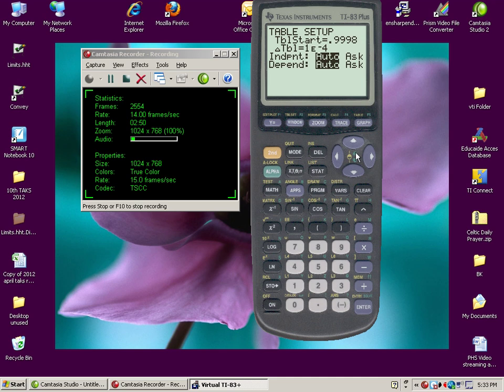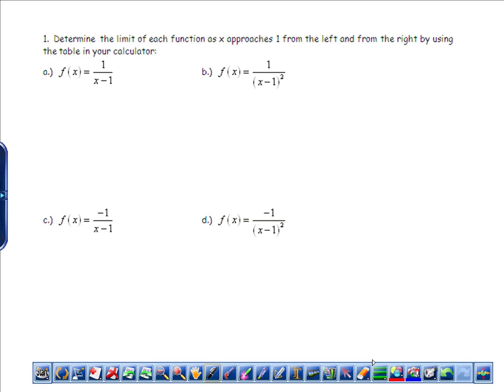But if I make my increments even smaller, and this is a good thing to bring up here. Oh, I need that to be 1 again. If I make my increments even smaller, add in another couple zeros there, I can see that it's not negative 10,000, but that it's an even larger negative number, okay? That's because the left behavior is negative infinity and the right behavior is positive infinity. So let's record that down and let's use good limit notation.